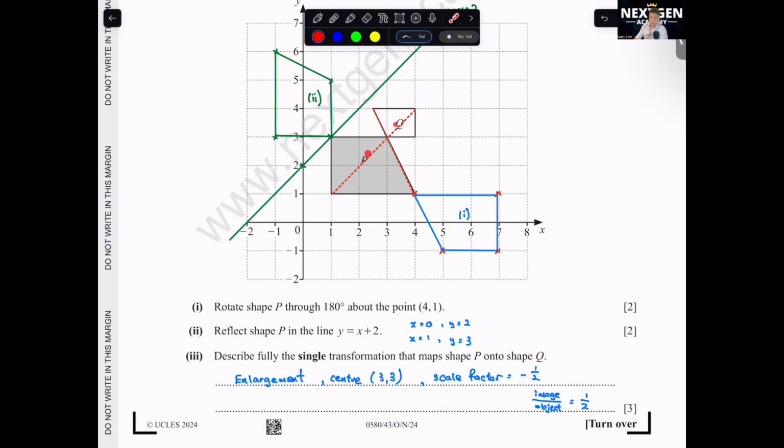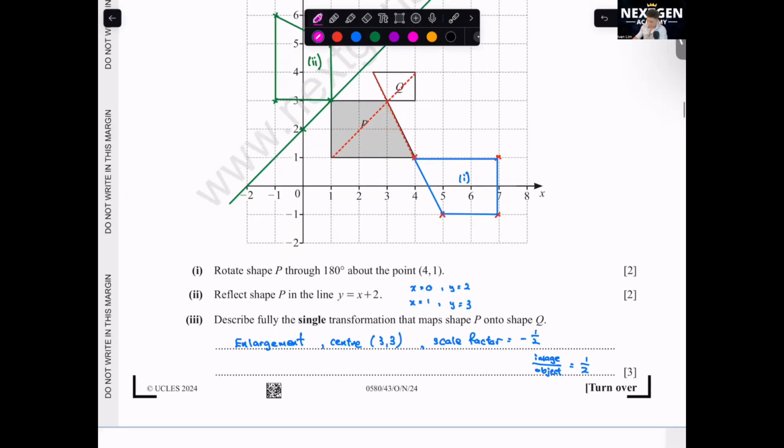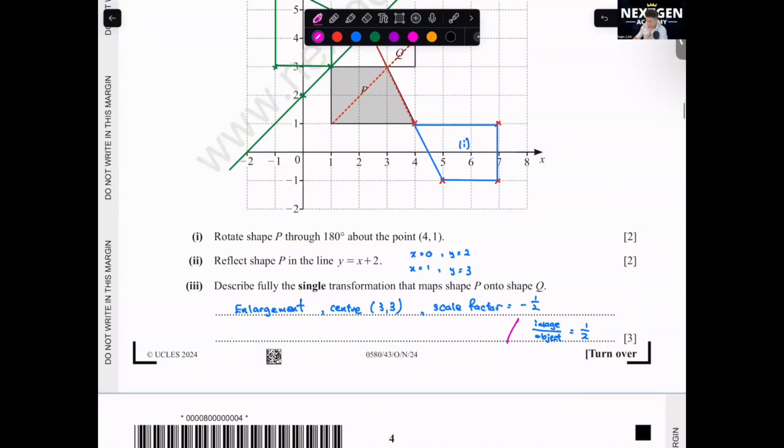Can you see or not? What is the opposite side? This is the center. Same side means your image will be here, if it's 1/2. So write down here: negative means opposite sides of the center for the object and image.